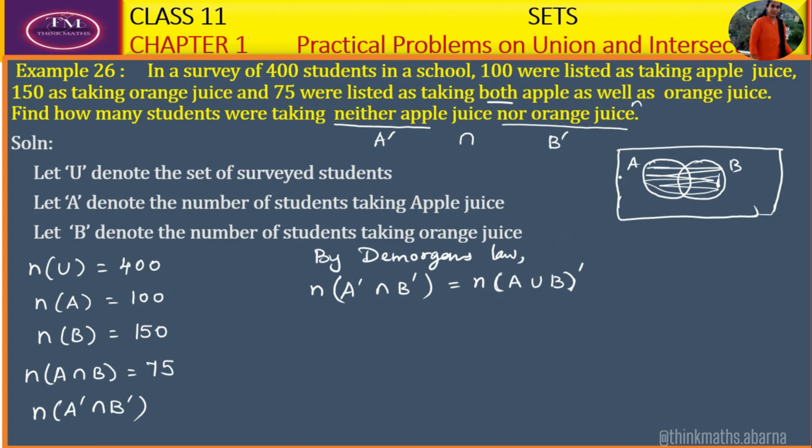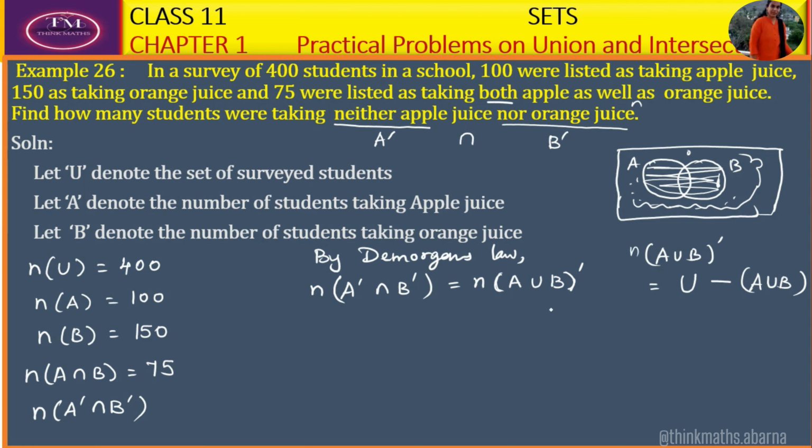It is nothing but, from the universal set, we have to take out A union B. That will give (A union B) whole dash, that is, the complement of A union B.